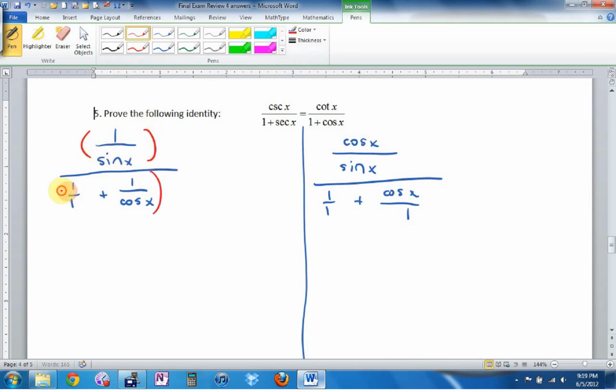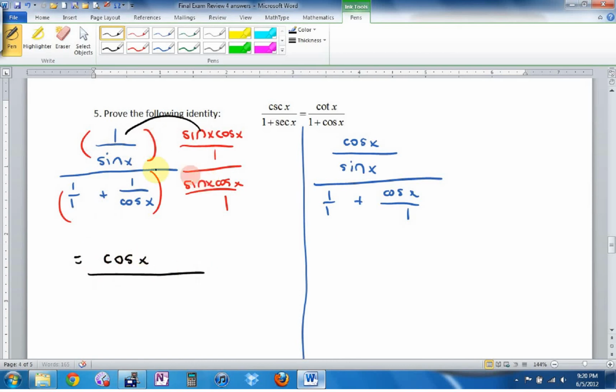Now this time I have a sine and a cos, so my common denominator is going to be sine cos over sine cos. On the top, a sine cancels. I'll have a 1 times cos. No more fraction on the top.